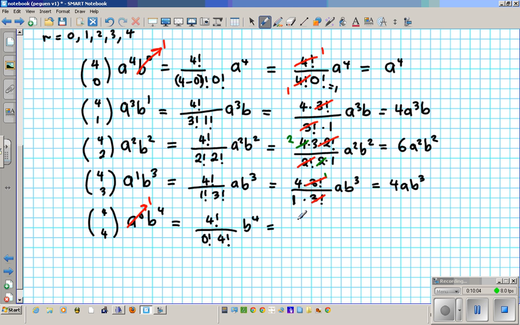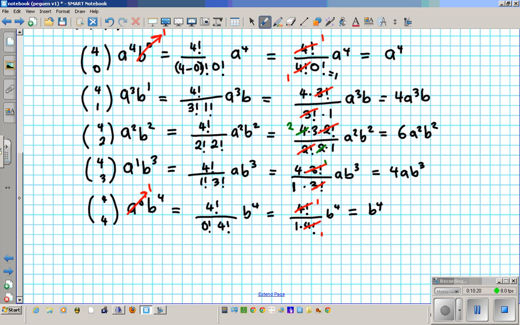Just add one more step, okay? So it's 4 factorial, don't break it down, over 0 factorial is 1 times 4 factorial, b to the 4th. And then this goes into itself, please put a 1 here, and this goes into itself once, times it across, b to the 4th. Alright? So your final answer is a to the 4th plus 4a cubed b plus 6a squared b squared plus 4ab to the 3rd plus b to the 4th. And there you have it.